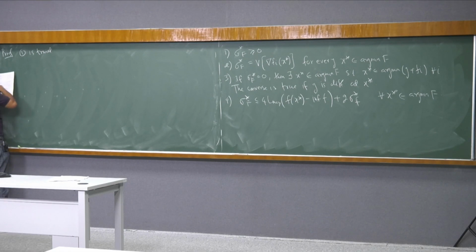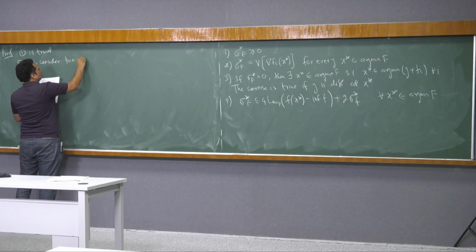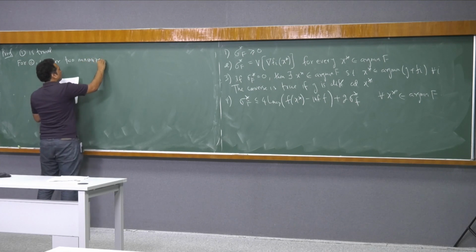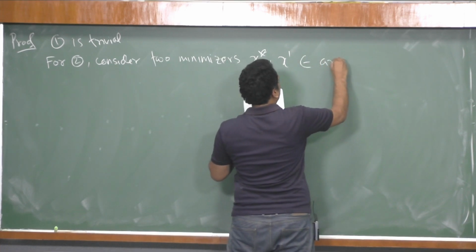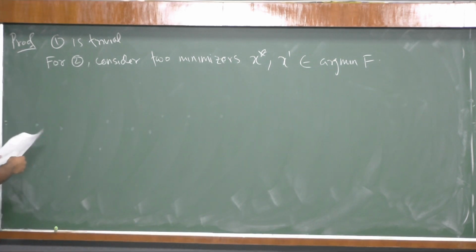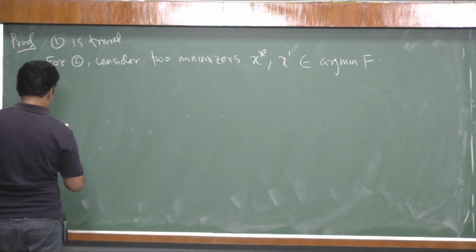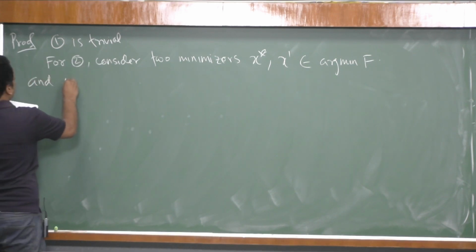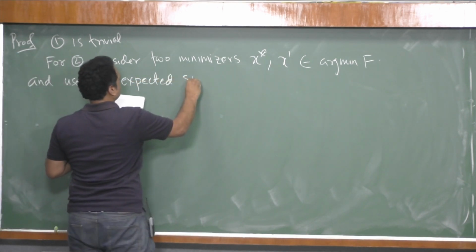So let us consider 2 minimizers x star and x prime in argmin of f, and then we will use expected smoothness that we just used some time ago.